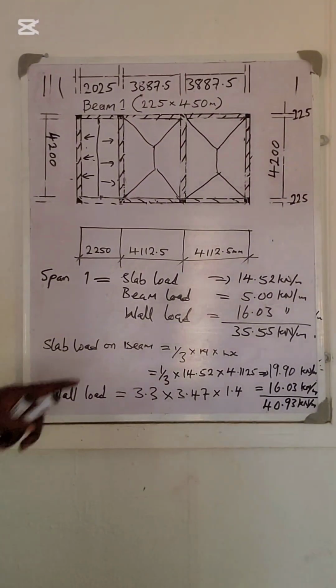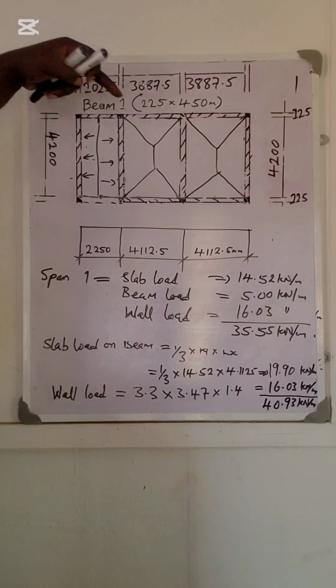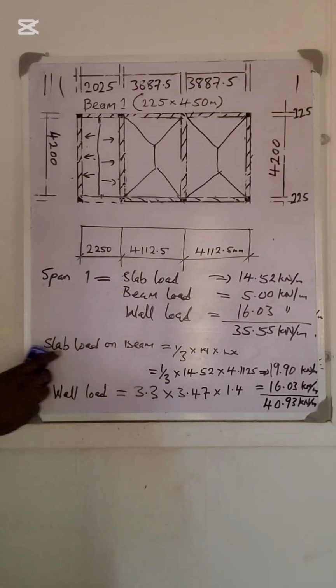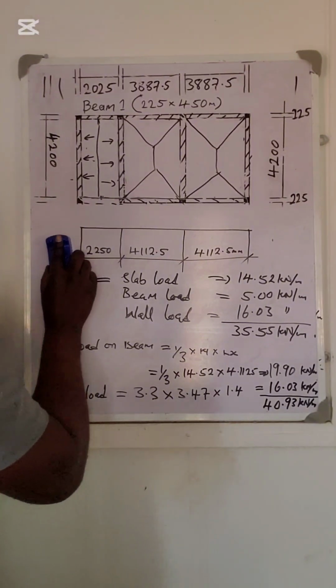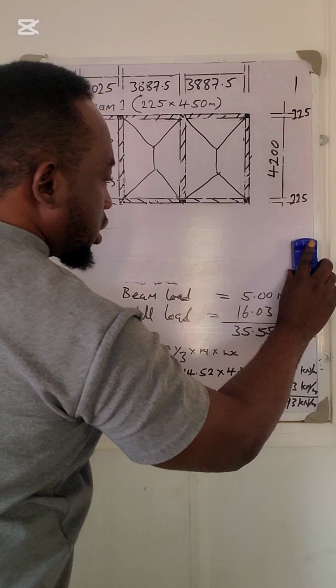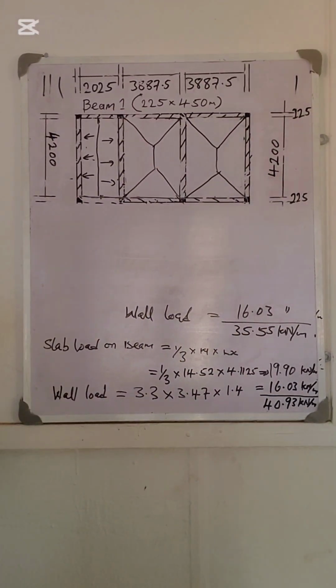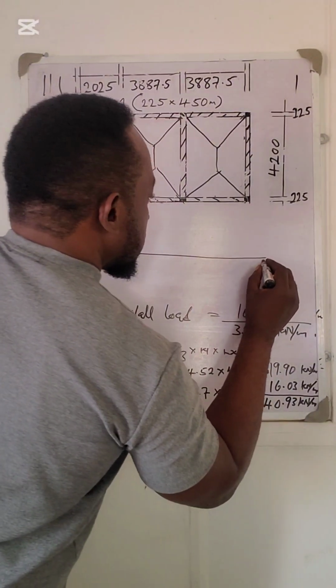So we have been able to calculate loading on span 1, span 2, span 3. Let me now represent it in the diagram. It's not going to be like this in the diagram.